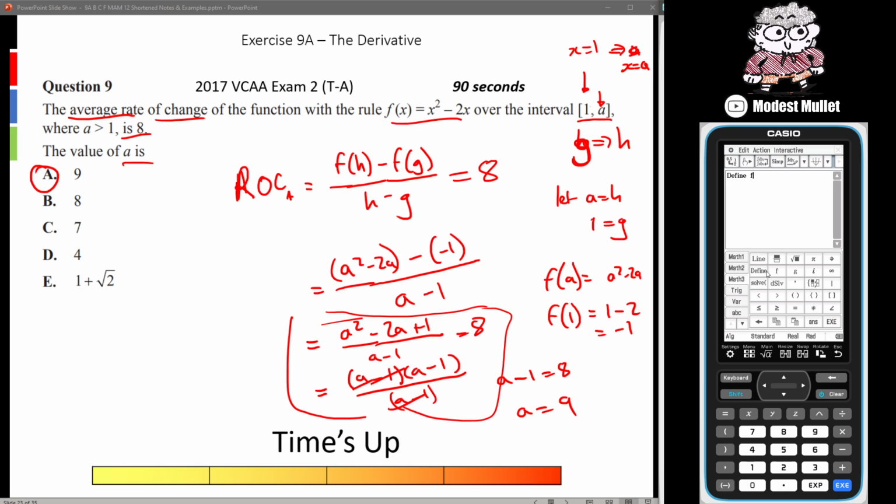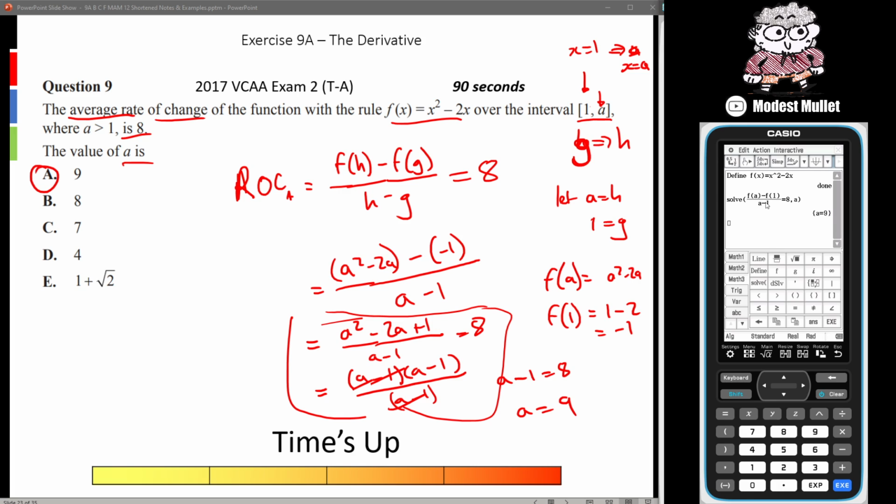You could have defined f of x is equal to x squared minus 2x, done, and you could have then really shortcut it, and gone solve f of a take away f of 1 divided by a take away 1, and we were told that all of that was equal to 8, and we're trying to figure out what a is.